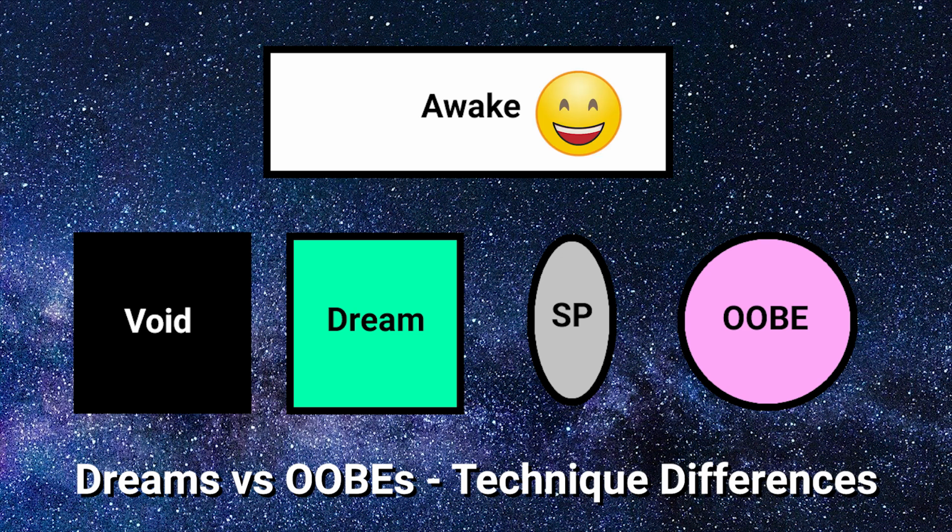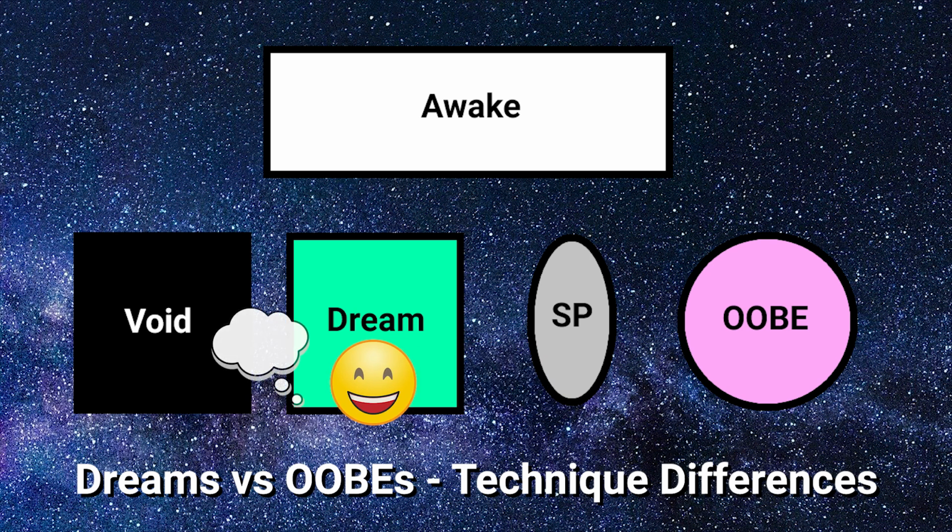So, out-of-body experience induction techniques have the user entering sleep paralysis to perform them, just as you'll see many WILD lucid dreaming tutorials suggest that you do. So it's very easy for someone to perform WILD and think that they've performed an out-of-body experience induction technique, or vice versa. And it's also very easy for someone to have experience with one of those techniques and sort of just be under the impression that they're the same thing based on that similarity in their induction.